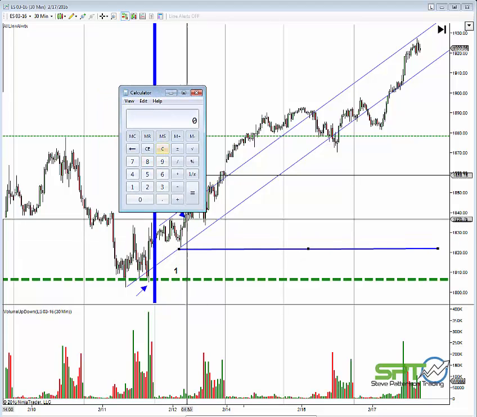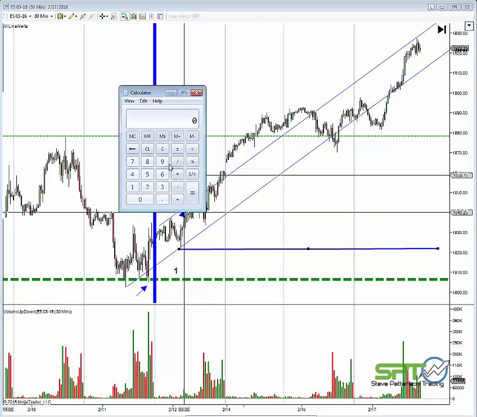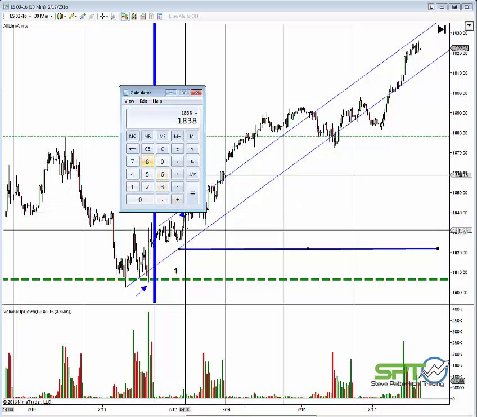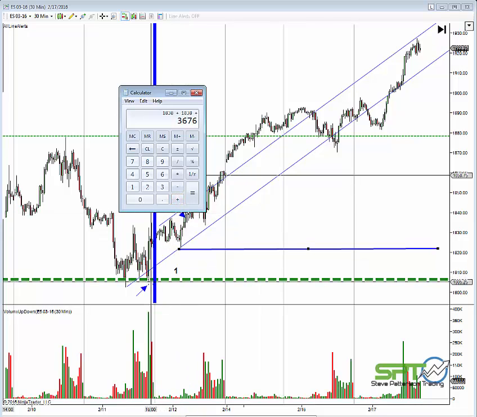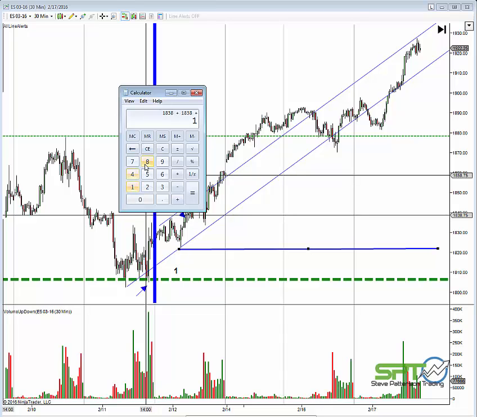Okay. So at 1837.50, let's just use 1838, okay? Plus 1838. So we add a 2 lot up here, plus our original cost, 1805. Let's just use the round number, okay?